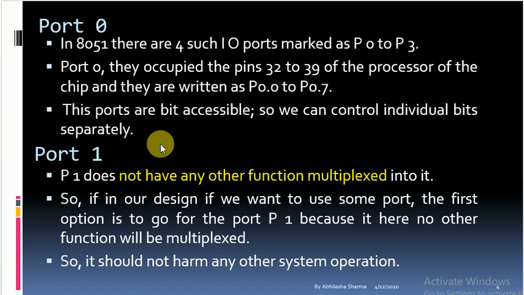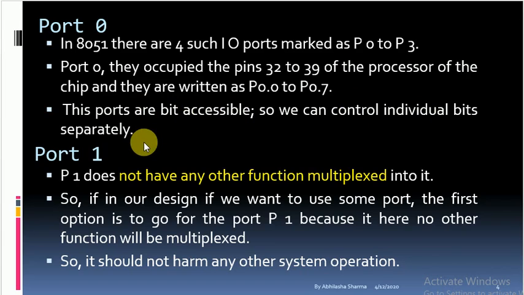First we discuss port 0. The 8051 has 4 ports, denoted port 0 to port 3. Port 0, as we have already discussed, occupies pins 32 to 39, and these ports are bit accessible, so we can control individual bits separately. What do we mean by this?